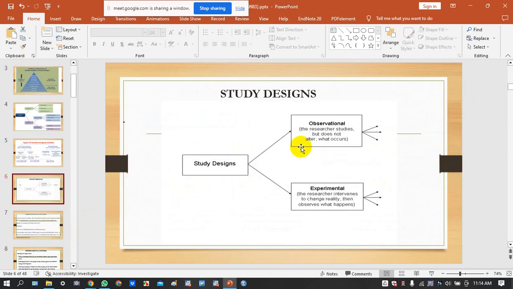So the study designs, like I've explained, we have the observational study, where the researcher does the study but does not alter or change anything within the study.